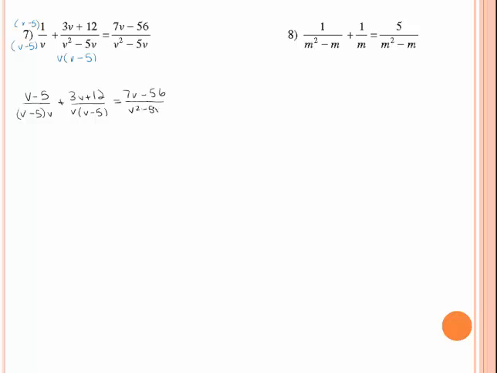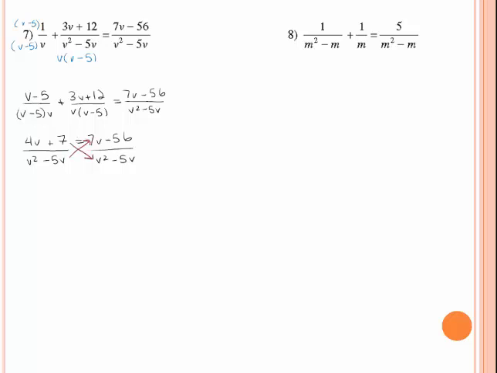I'm going to add these together. V and 3v is 4v. Negative 5 and 12 is 7. Now, if I multiply these back, I'm going to get v squared minus 5v. And I'm going to go ahead and do that, and I'll show you why in just 1 second. I have my proportions, so I'm going to need to cross multiply.